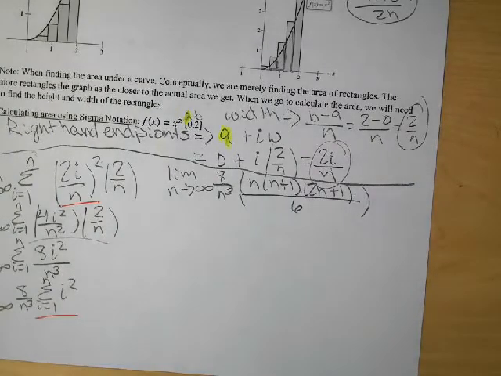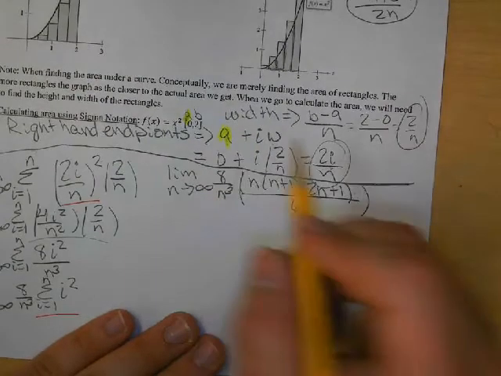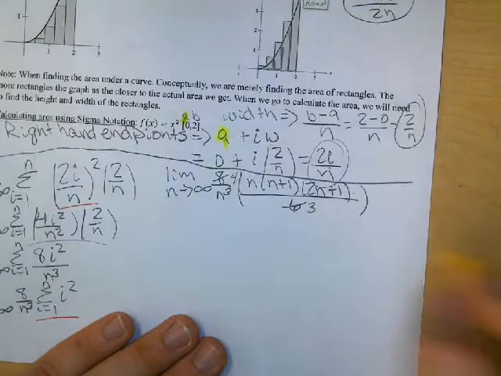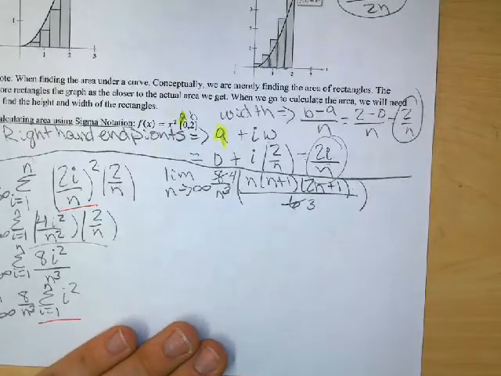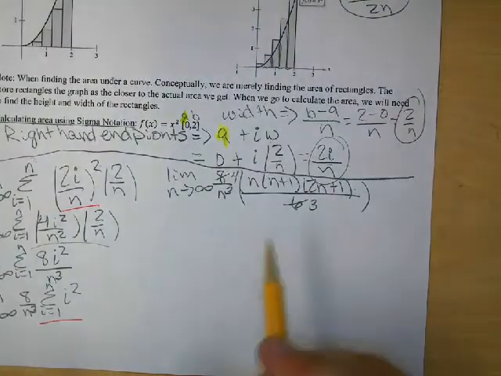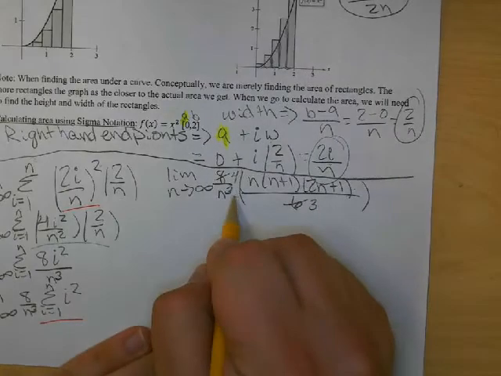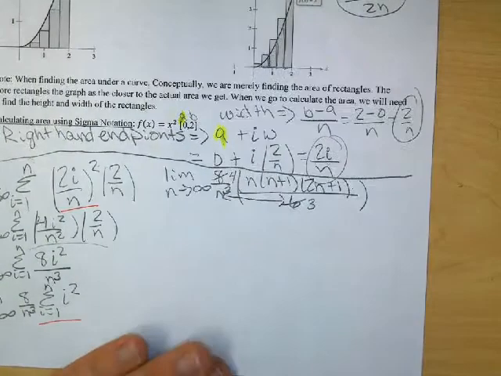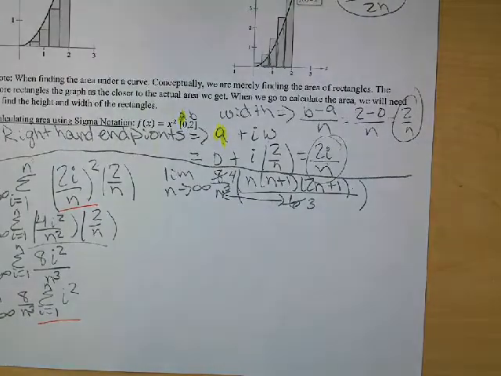So now I want to reduce a little bit. Do you agree that this 8 will reduce down to a 4 and this 6 will reduce down to a 3? Now I'm going to switch the n cubed and the 3. I'm allowed to do that because of the commutative property. It's legal.